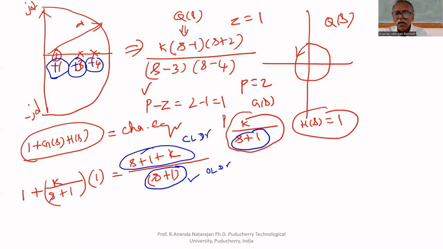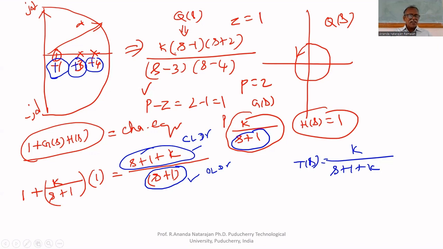What will you get? There is no change in the numerator, and the denominator is the sum of numerator and denominator, plus K. This is T of S. You see that T of S equal to K upon S plus 1 plus K. So in a characteristic equation, the roots of the numerator are the closed loop poles.